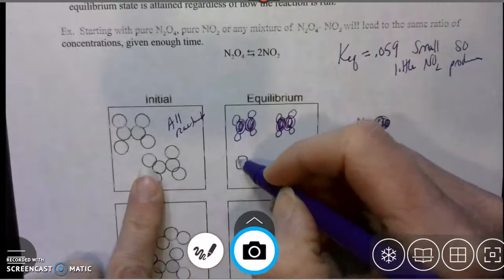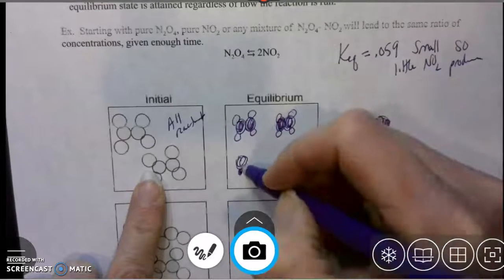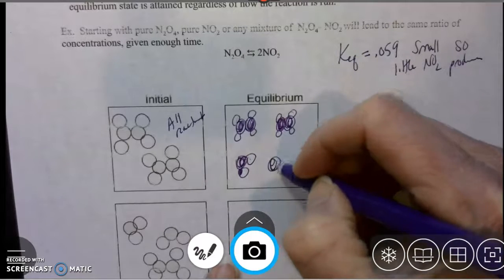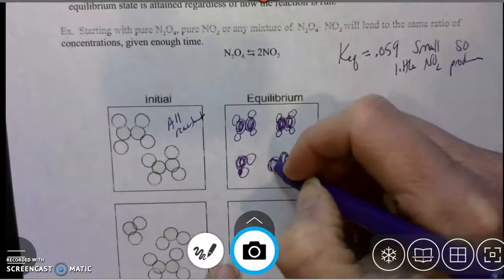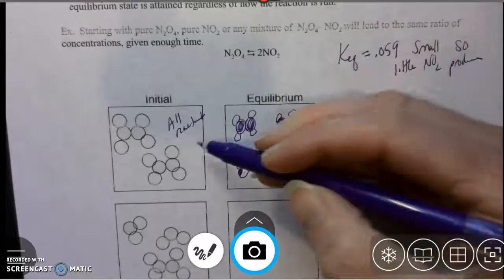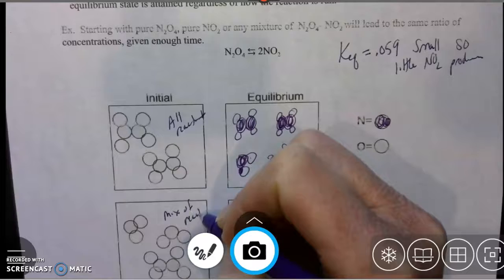Again, I know I don't have enough over here, but there will be some of this formed, but the majority is going to be of the initial reactant. So this is a mix of reactants and products.